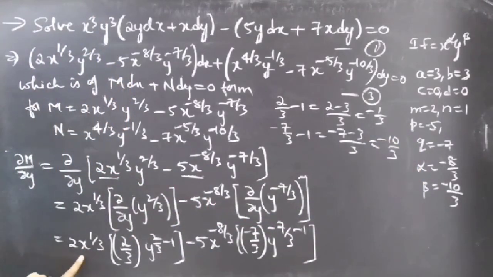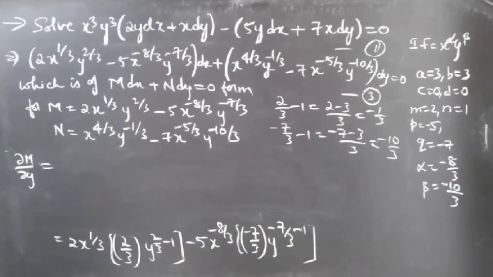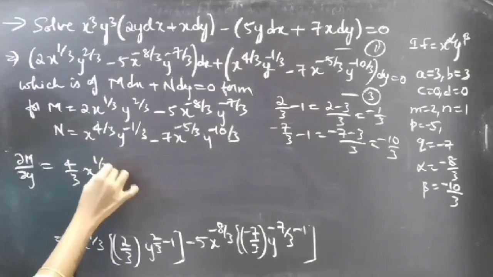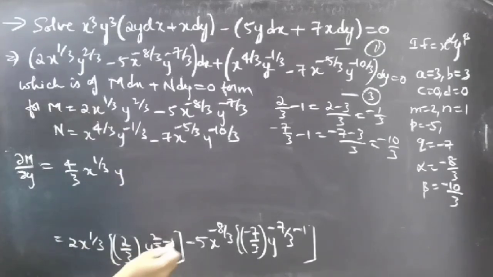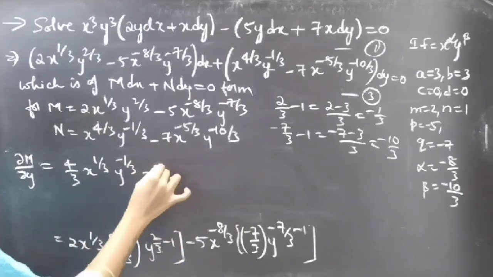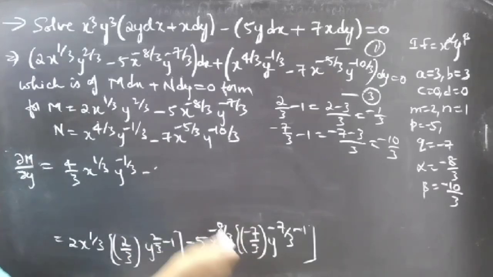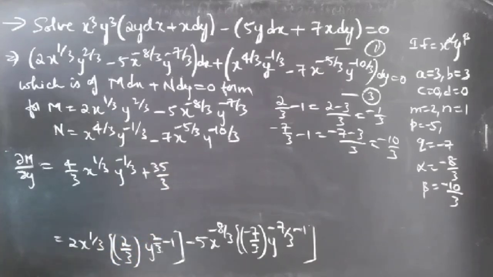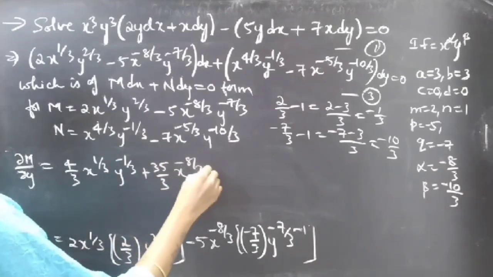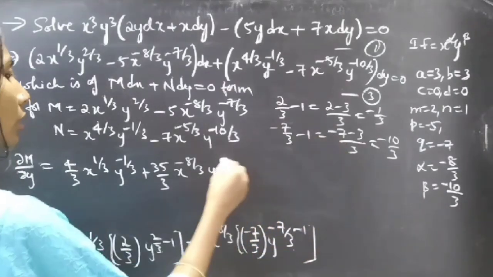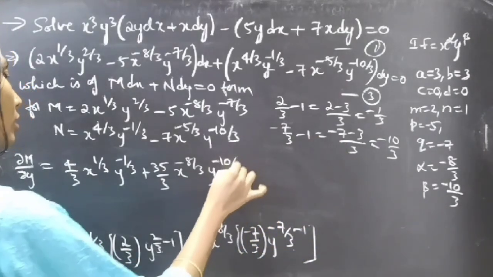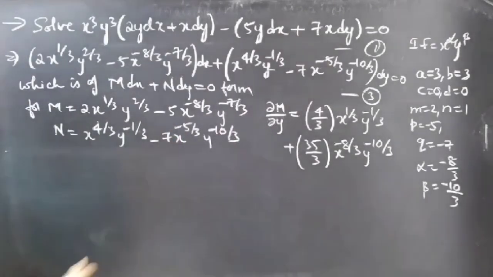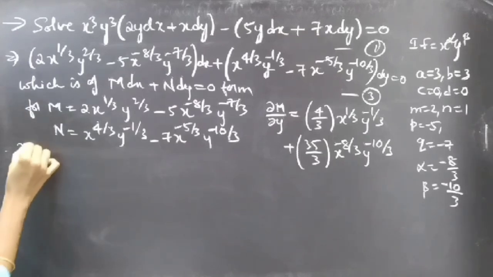Then this becomes 2 into 2 by 3 gives 4 by 3 into x power 1 by 3, y power 2 by 3 minus 1 is minus 1 by 3, minus 5 into minus 7 gives plus 35 by 3 into x power minus 8 by 3, y power minus 7 by 3 minus 1 gives minus 10 by 3. Okay. So we got the value for the partial derivative of m with respect to y. Now coming to the partial derivative of n with respect to x.